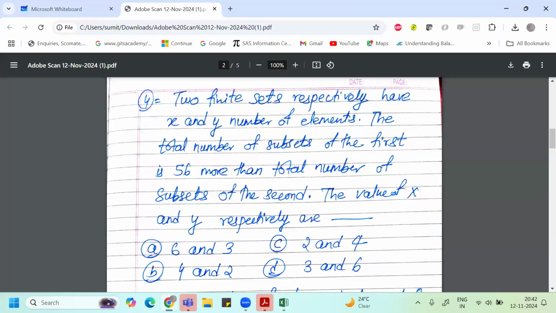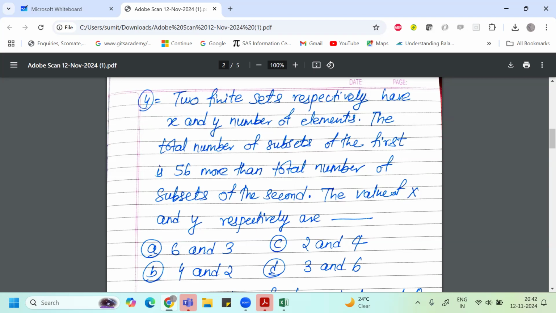Sorry, my maths has become bad. A finite set means total some elements are there. I'm assuming total elements are x and y. They've given you the total number of elements, so how many subsets can you make?